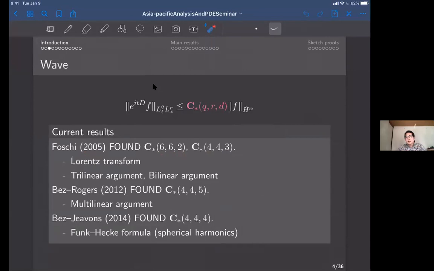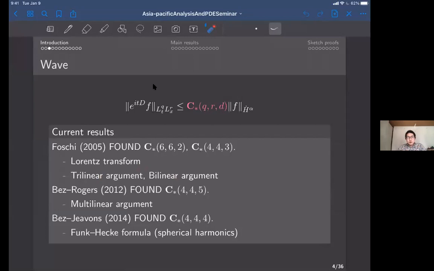This was the beginning of the series of studies. His tools were the Lorentz transform and its invariance, and trilinear and bilinear arguments.